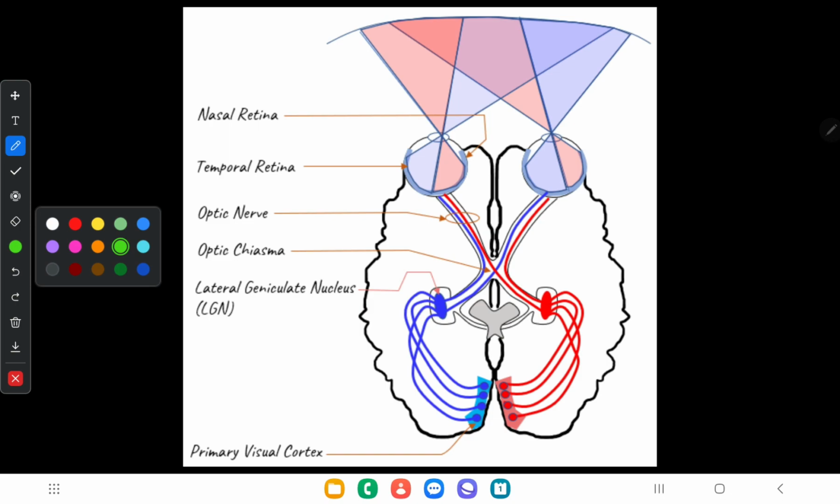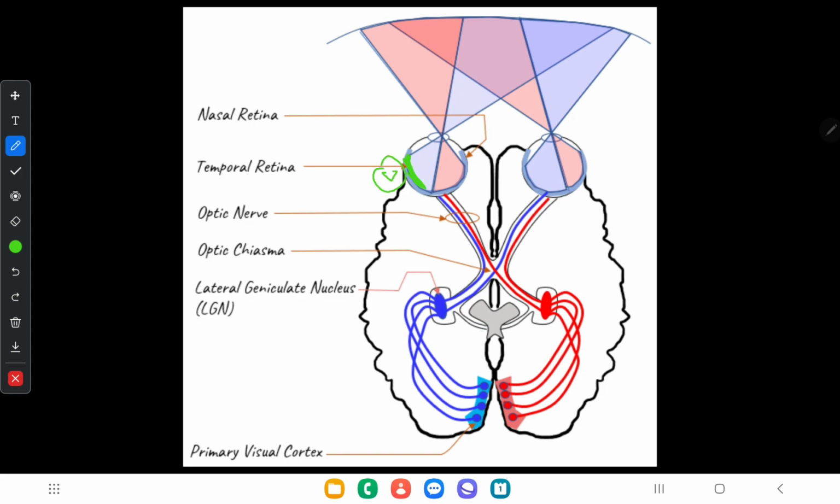Here also the same. This part is the left side of the left eye. This part is the left retinal fibers of the right eye. But you can see these fibers are coming from the right visual field. This is the right visual field.